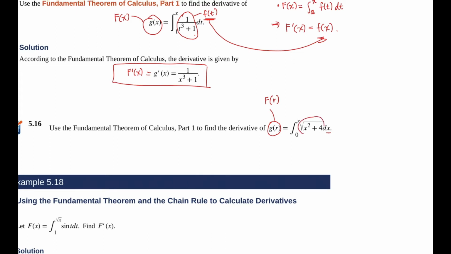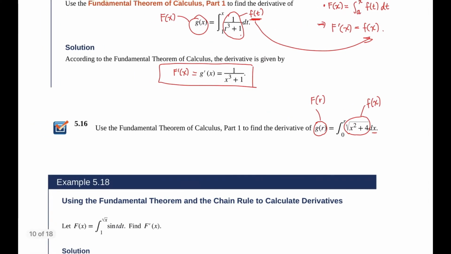So the square root of x squared plus 4 is small f of x. So the fundamental theorem of calculus says that g prime of r is equal to small f of x, which is the square root of x squared plus 4.